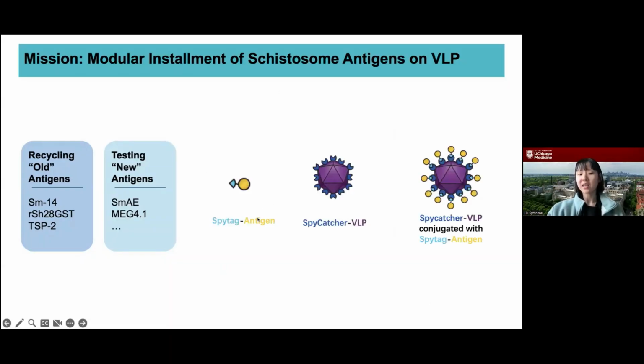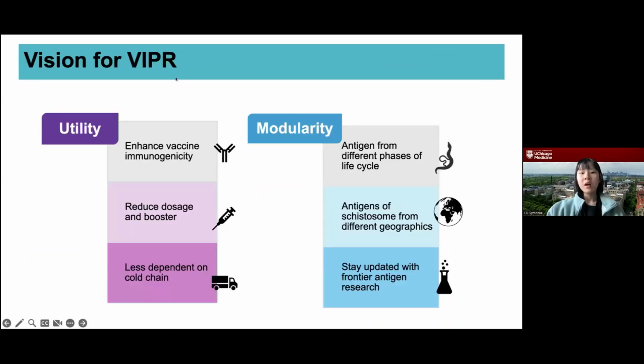Again, we want to have these antigens expressed together with the SpyTag, and then we also want to have this scaffold protein, and finally conjugate them together to make this schistosoma antigen decorated virus-like particle. What I'd like to sell a little bit more is that, on the one hand, this vaccine platform has a lot of utility, because schistosoma vaccine development has been such a slow process just because it is a very complex parasite.